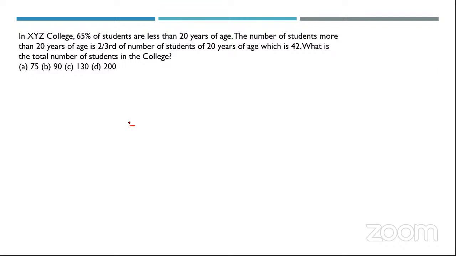One is equal to 20, another one is less than 20, and another one is greater than 20. Okay. In XYZ college, 65% of the students are less than 25 years of age, 65%.